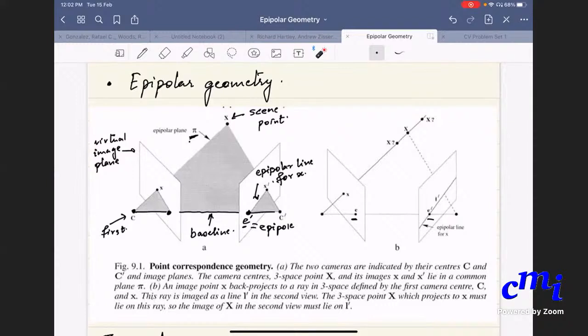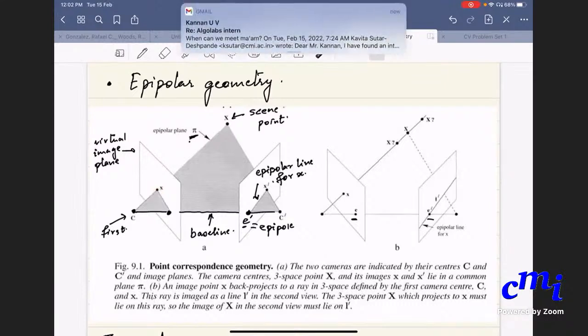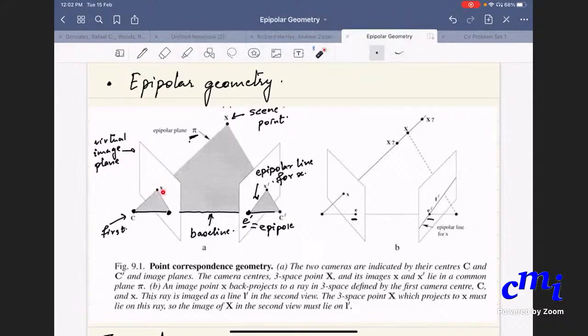Another thing that is important in this configuration is that if you fix this scene point and hence this image point, the question to be asked is which points here are going to correspond to this point x. So which points in the second image correspond to this point x? Are there many candidates or are there few candidates that you need to look at?